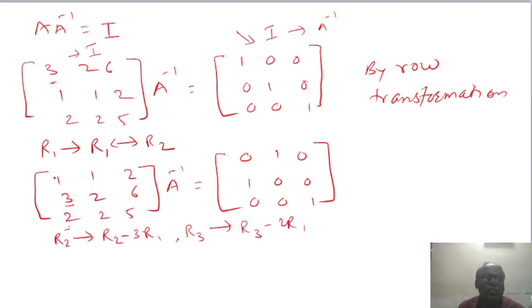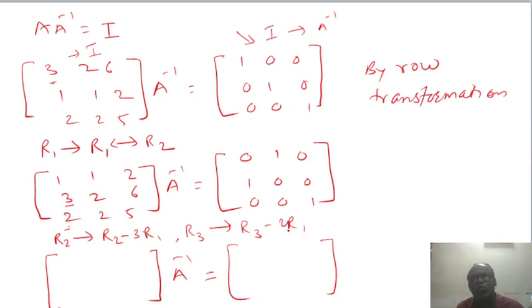Why? This is unit 1. 2 minus 2 into 1, 2 minus 2, 0. Therefore, we should perform these two transformations at a time. Then what we get here? Pay attention here. Very first, R2 minus 3 R1 and R3 minus 2 R1.